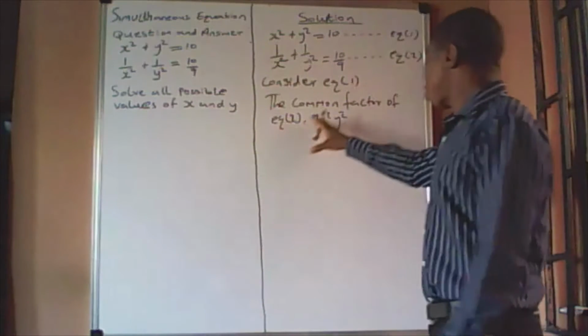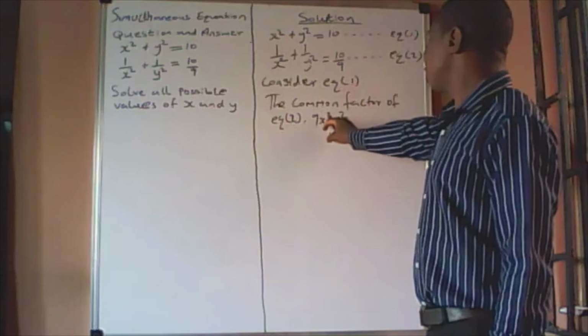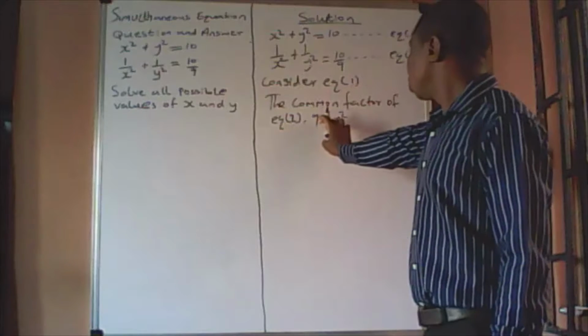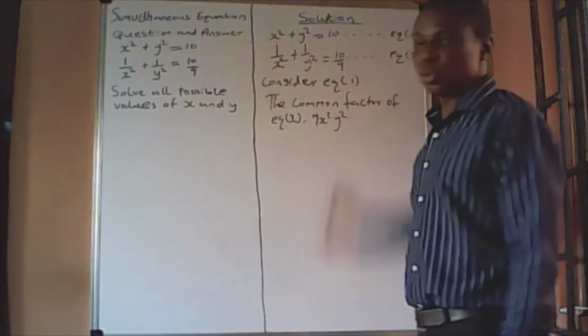This is the common factor of equation 2: 9 multiply x squared multiply y squared. You are going to multiply this common factor to every term in equation 2.